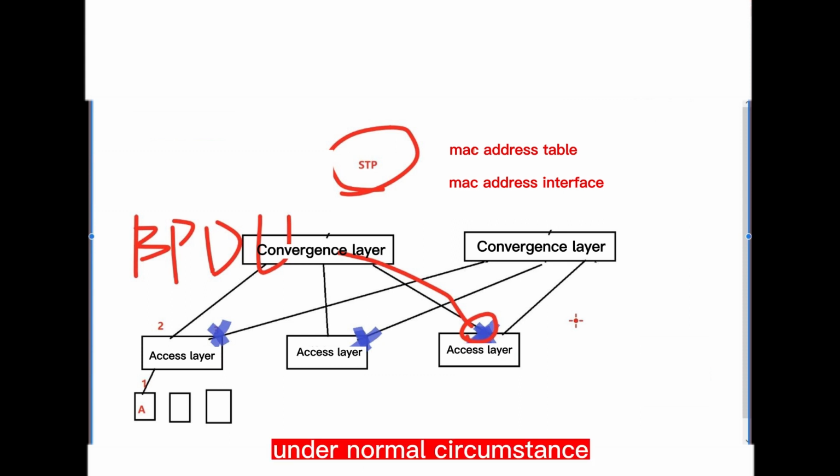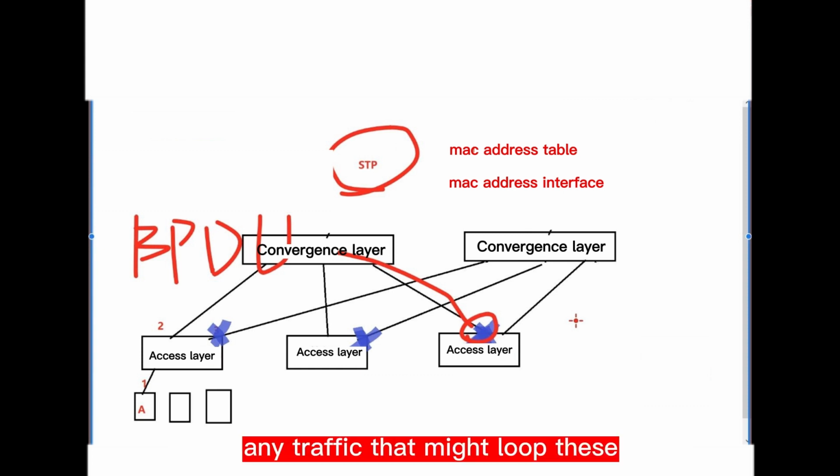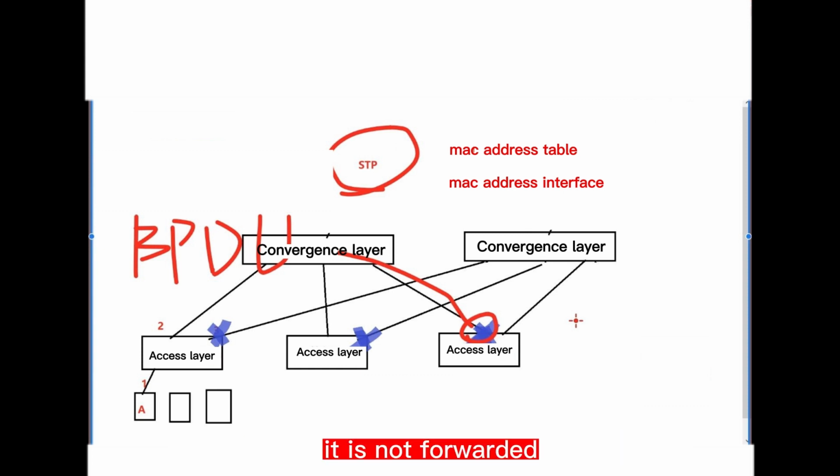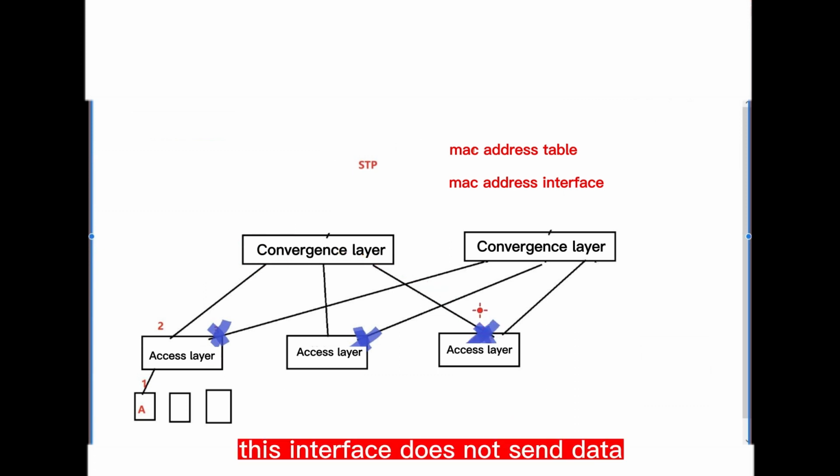Under normal circumstances where our business is stable, it does not send any message. Secondly, this interface does not send business traffic. Any traffic that might loop is not forwarded. So I can guarantee both. Under normal circumstances, this interface does not send data.